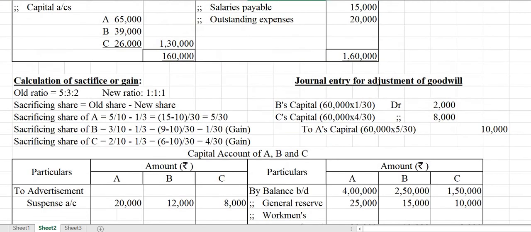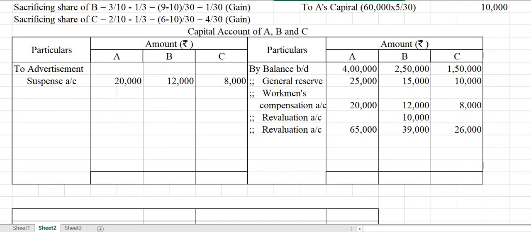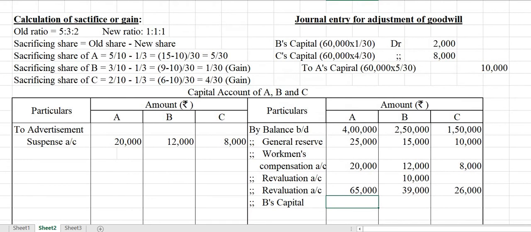So here we have calculated goodwill. So goodwill, A has to get from B and C. So in A's capital we can write the journal entry here by B's capital in A's column. That means from B, A has to get 2,000, and from C, A has to get 8,000.